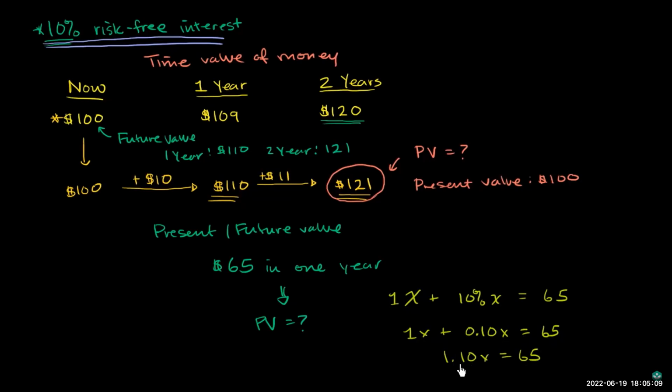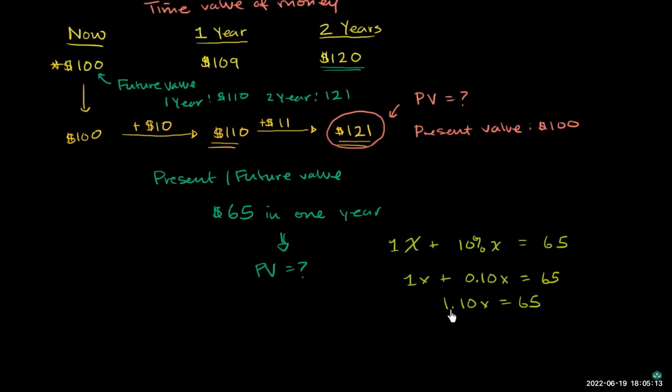And if you want to solve for the actual amount of the present value here, you would just divide both sides by 1.10. Really, that trailing 0 doesn't matter. We're not too worried about the precision here because this is exactly 10%.